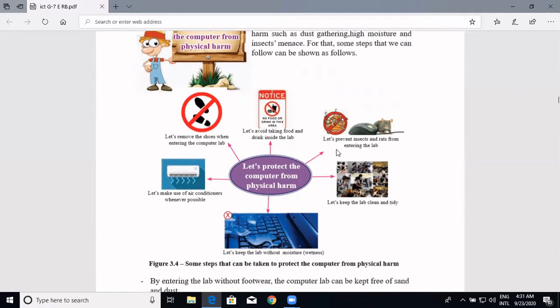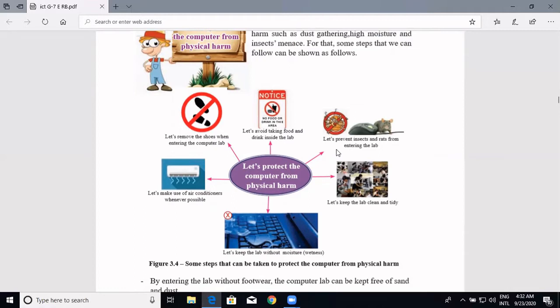It is also preventing insects. If you put these food particles here and there, especially ants will come to eat that. So if you avoid food and drink inside the lab, it will prevent insects and most probably rats also from coming into the place.